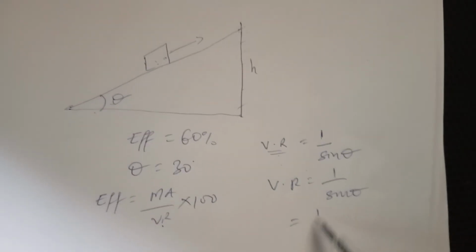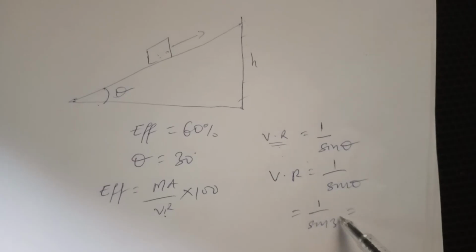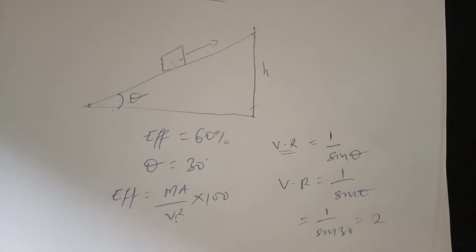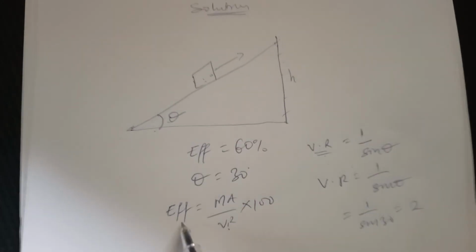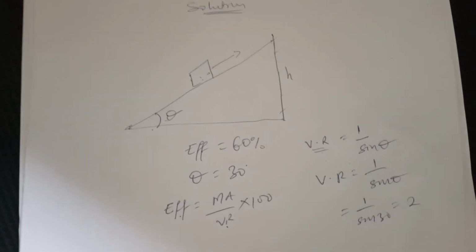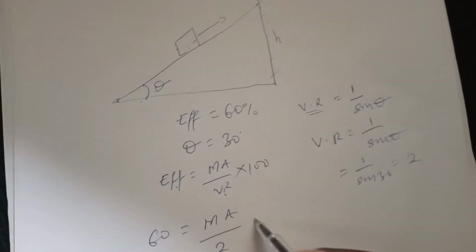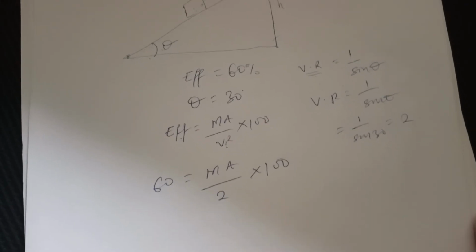So that gives us 1 over sine 30, which will give us 2. Therefore, we have been given efficiency, which is 60, equal to MA over 2 times 100.